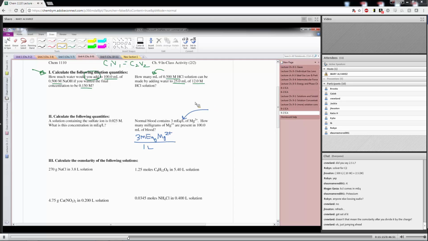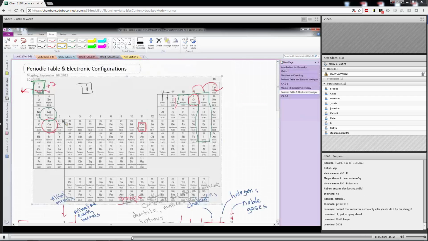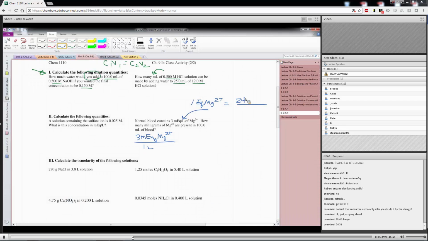According to our formula, one equivalent of magnesium 2+ is going to be what? Molar mass over the charge. My molar mass of magnesium, I don't have a periodic table handy, let's see. There we go, 24.31 grams, divided by the charge, which is 2.